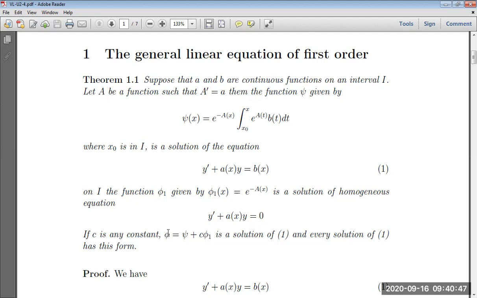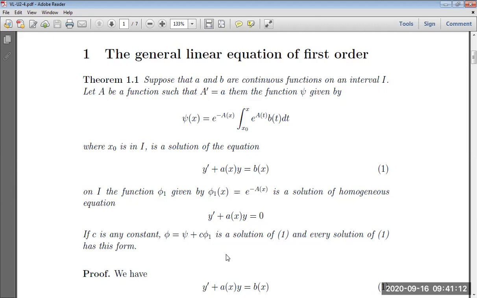So this phi is a general solution of the non-homogeneous differential equation 1, y dash plus a of x into y is equal to b of x. And we prove that every solution of this differential equation is of this type, phi is equal to psi plus c into phi1.